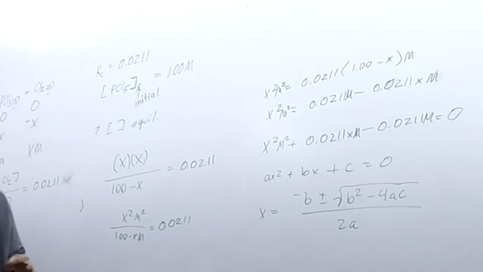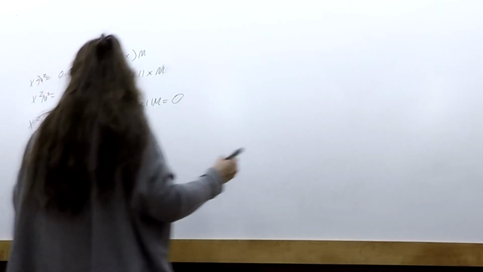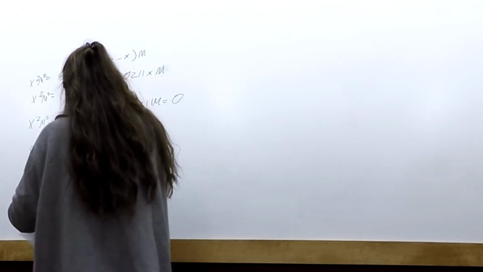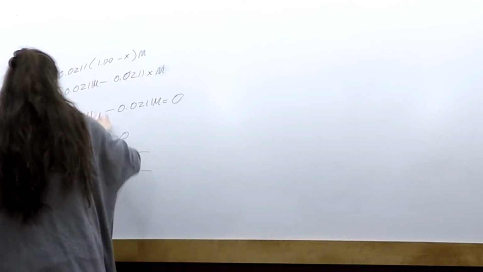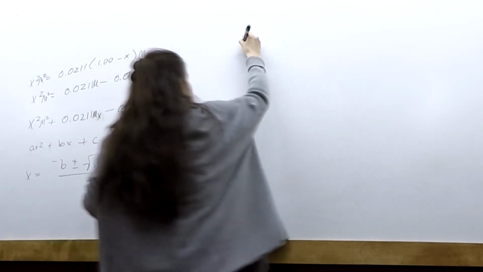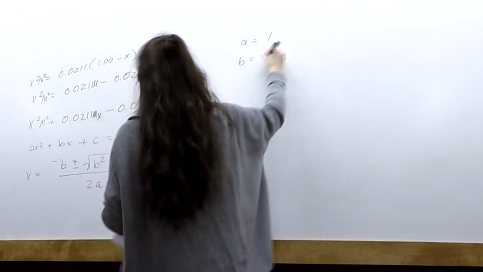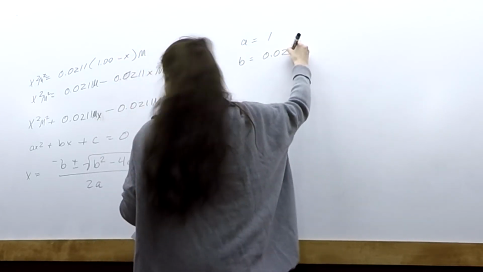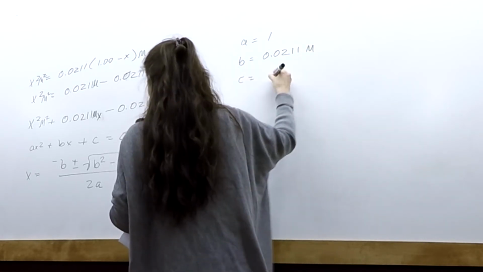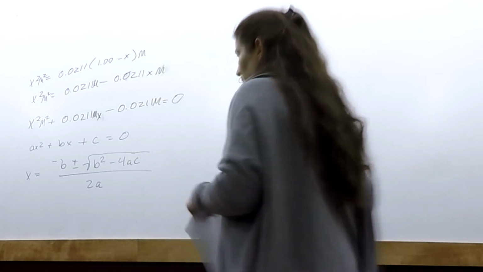All right. So solving for the quadratic equation, it's ax squared, so a is 1, b is going to be... a is equal to 1. B in this one is equal to 0.0211 M, and C is also negative.